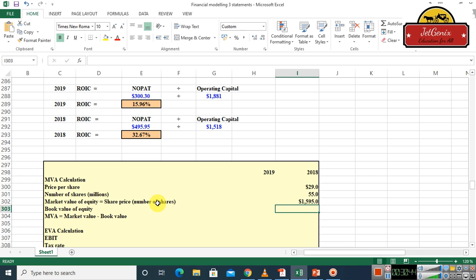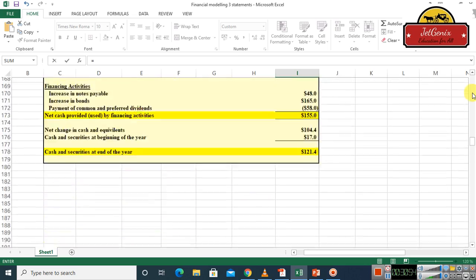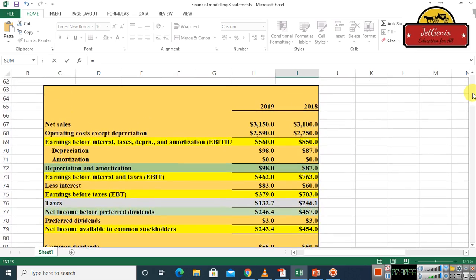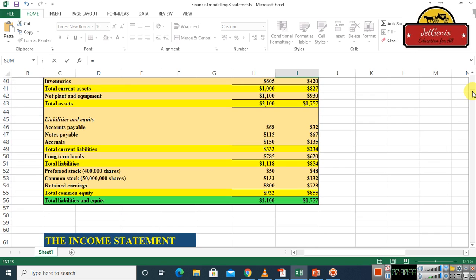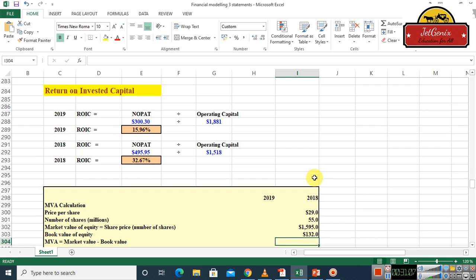Okay, the book value of equity, we can find it somewhere, I think in the balance sheet. Yes, we can find it in the balance sheet. It's here, 132 million of equity, you see.